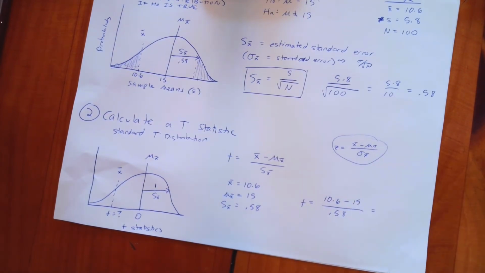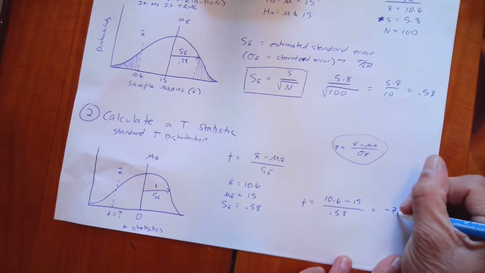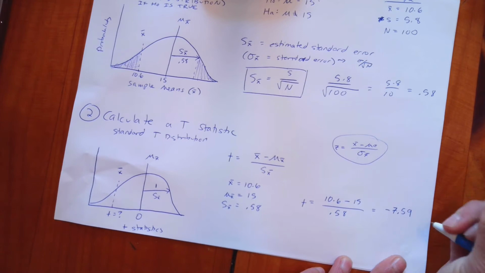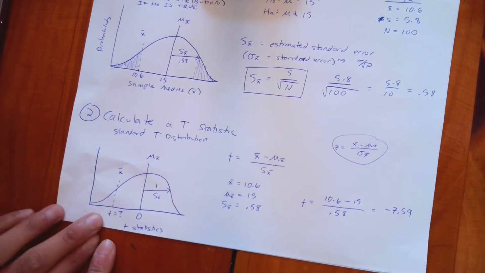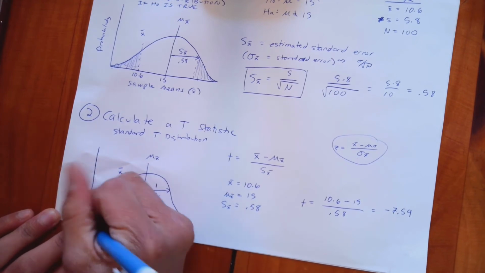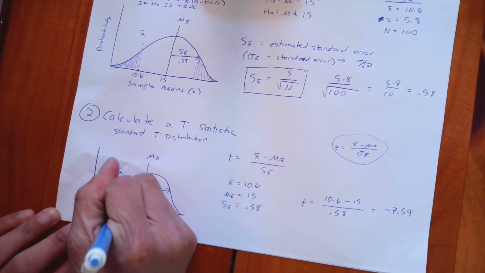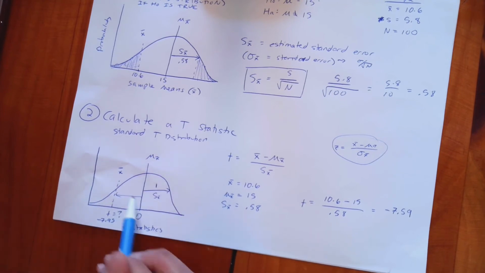And if you do this math here, it should come out to negative 7.59. So that means that on this standardized distribution that we drew, our sample value is negative 7.59 standard errors away from the mean in a negative direction. So it's got that same interpretation as a z-score as well.